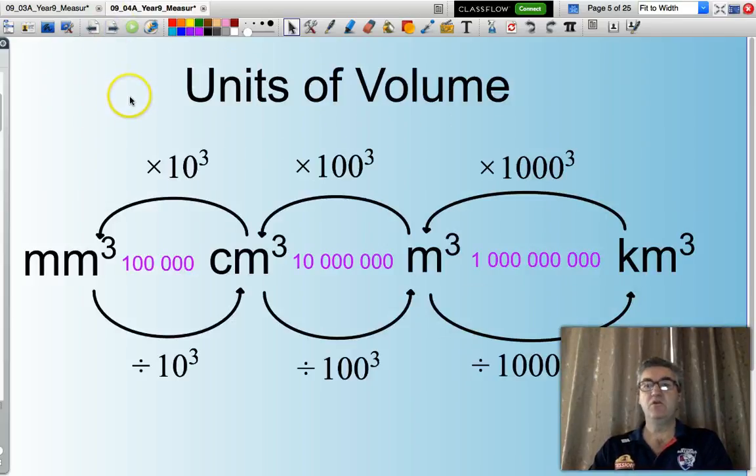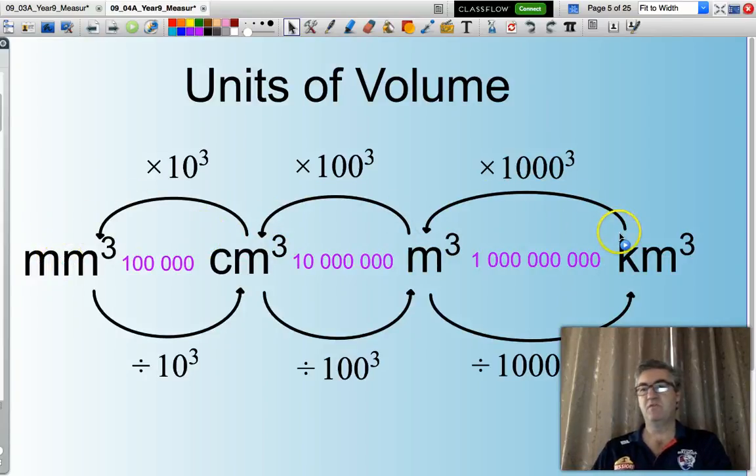Now, the units of volume, typically we would start working with meters cubed. And that can be broken down into kilometers cubed, centimeters cubed, or millimeters cubed.